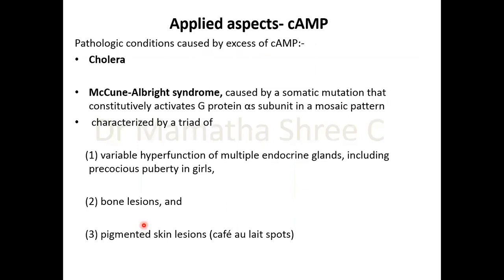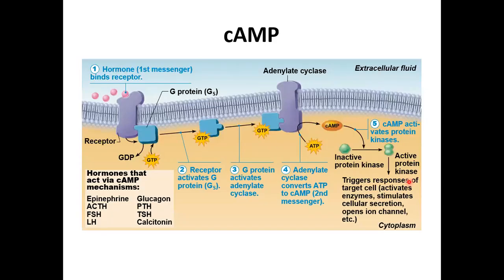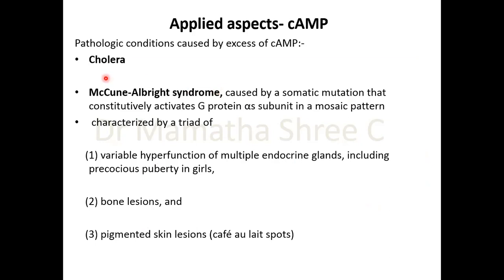Okay, so one of the best examples we could quote for cyclic AMP is cholera, wherein the cyclic AMP is going to be formed and is going to activate all the protein kinases. So it is going to further activate a few enzymes for ion channels and the cellular secretions. So in cholera, there is excessive diarrhea. That is, there is excessive loss of ions and secretions.